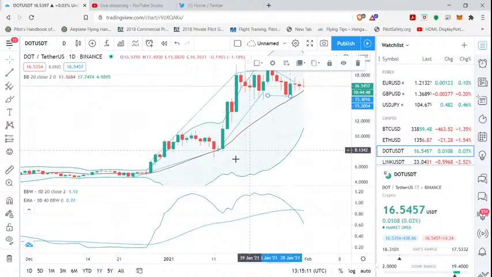So we got a leveling off of buying pressure and a strengthening of selling pressure. So that's not looking good for DOT for now. So the odds are improving that there will be a pullback. But that'll give you a general idea.